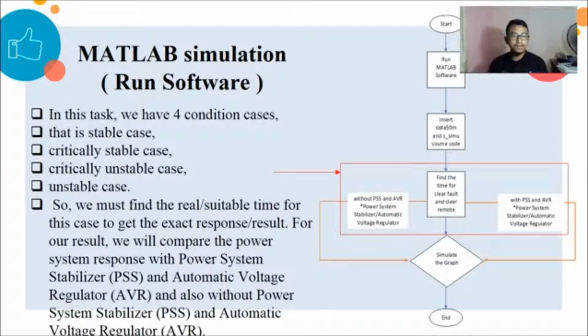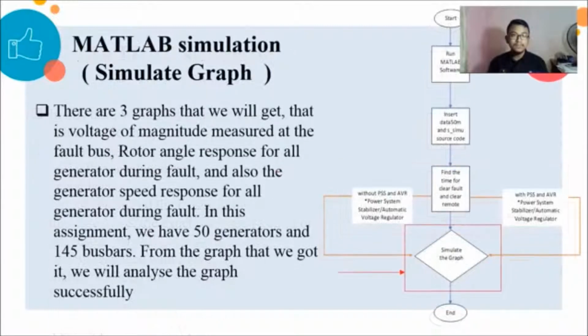For our result, we will compare the power system response with the power system stabilizer PSS and automatic voltage regulator AVR, and also without the power system stabilizer PSS and automatic voltage regulator AVR.